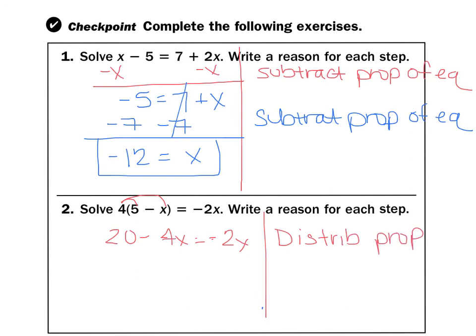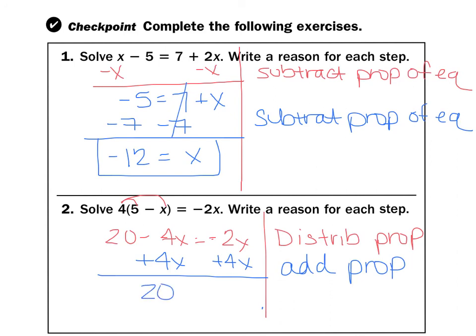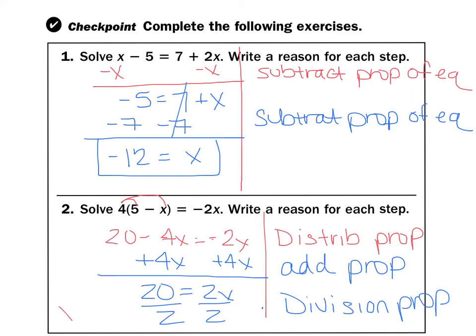Now we have to get all of our x's on the same side. So let's plus 4x, plus 4x. The addition property. So we get 20 is equal to 2x. We're going to divide by 2. So that would be the division property. And then we should have your final answer as x equals 10.